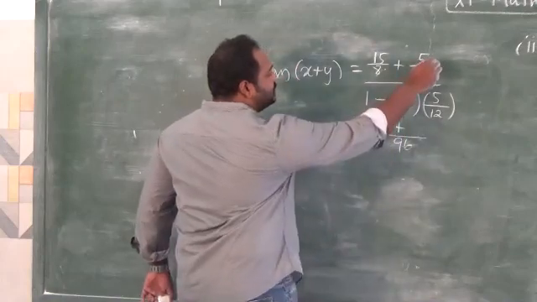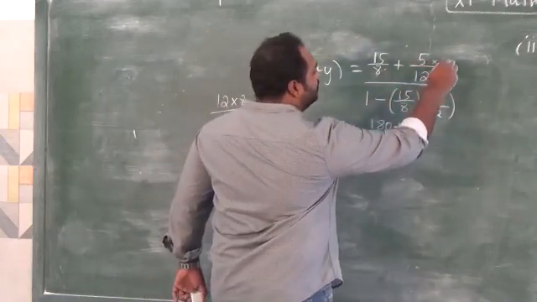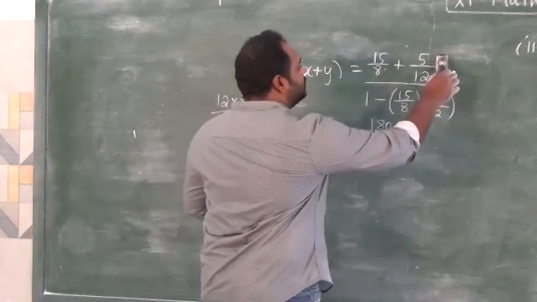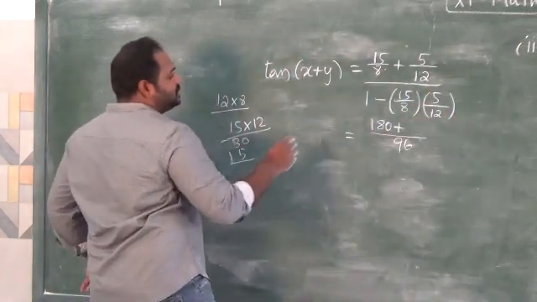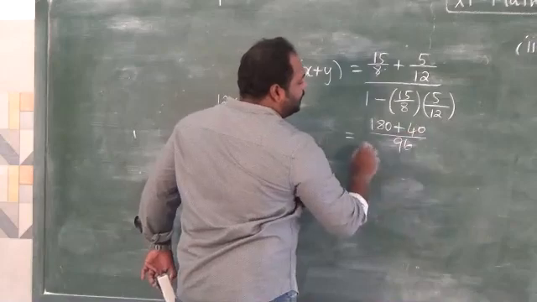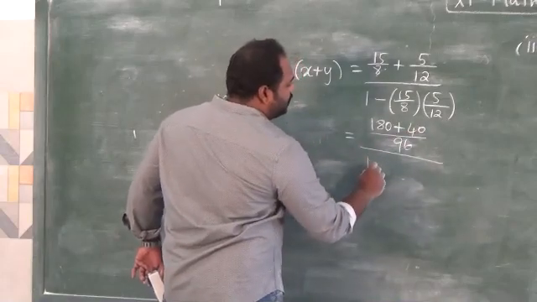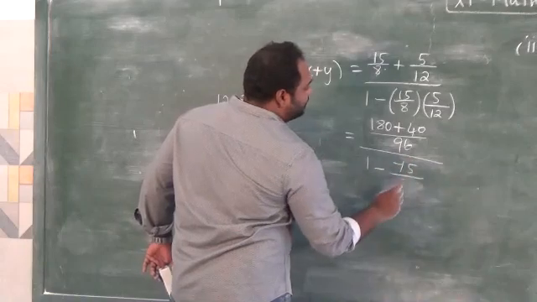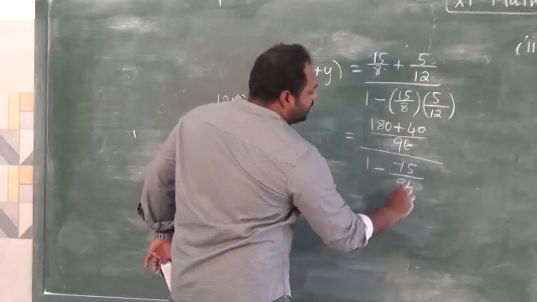Plus here you have to multiply with 8, so 5 into 8 is 40, the whole divided by 1 minus 75 by 96.